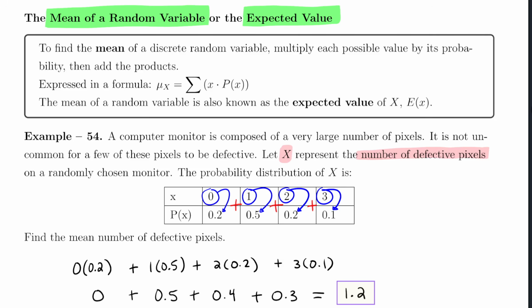And this is what we know notation-wise: if we're ever asked to find this symbol, that mu sub x, that is the mean of the random variable, or the expected value. So keep in mind, in this class, we'll need to associate not only the verbal descriptions, but the notational descriptions as well. So start to associate mu sub x with the mean of the random variable or the expected value.